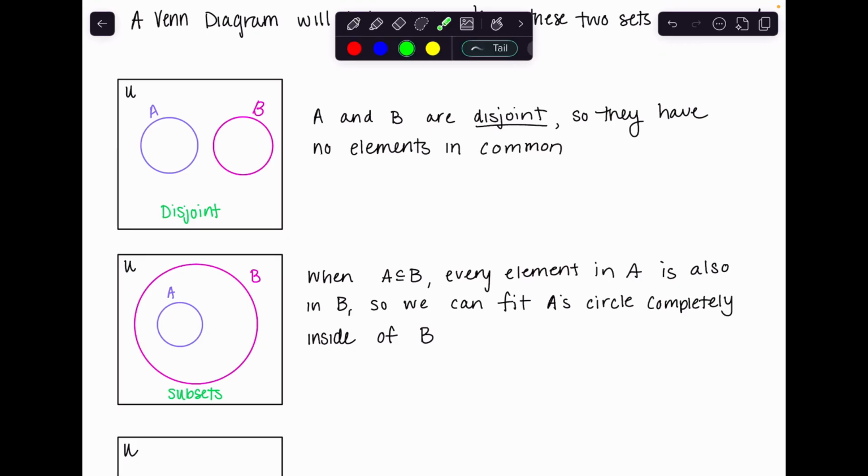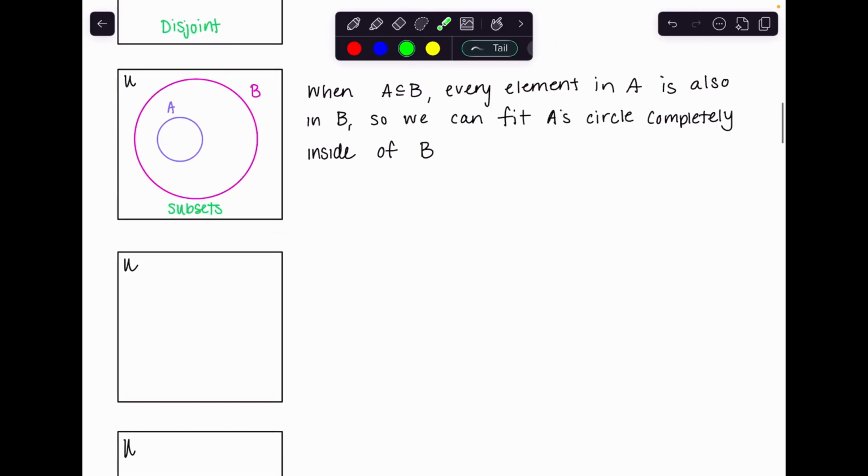And again, there's likely stuff on the outside because otherwise these two would be equal. And that's actually our next scenario.